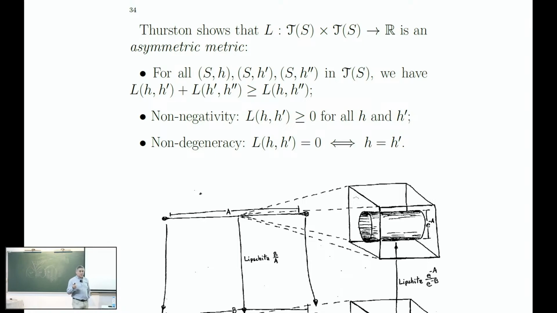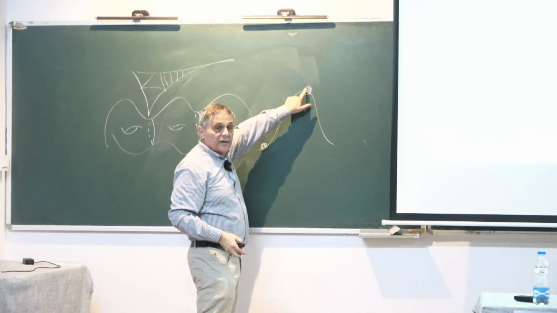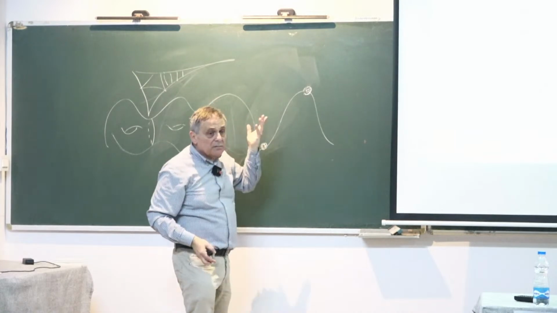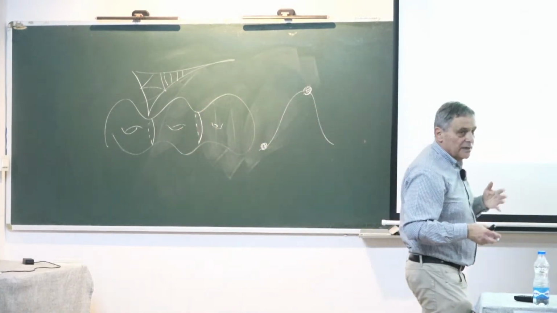It's like somebody going from the bottom of a hill to the top of the hill, where in some evident sense the distance from this point to this point is greater than the distance from this point to this point. You can measure it by the energy you take, and so on.